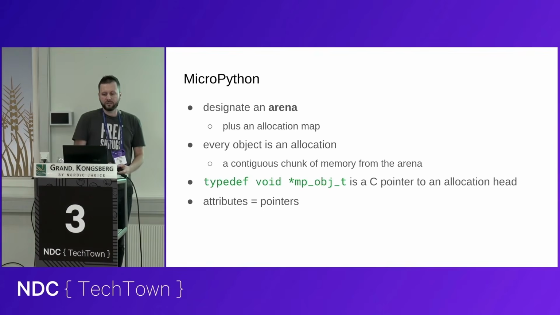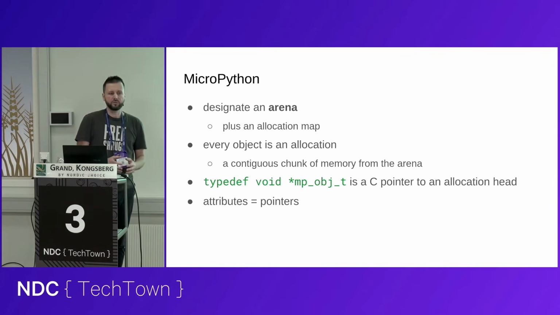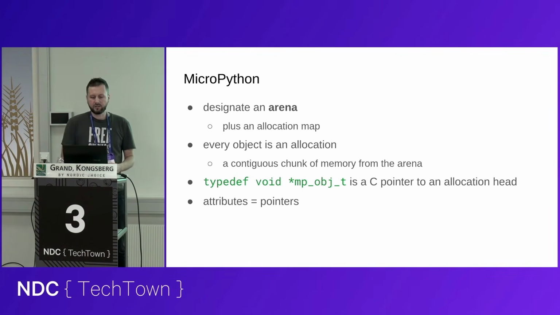We start by designating an area of memory for the object arena, or GC arena, from which every object will be allocated. We reserve a small chunk of this memory to be an allocation map. There's metadata about what is allocated and what isn't. And then every time we need to create a new object, we allocate a chunk of this memory from this arena and get back a pointer to a beginning of this allocation, or so-called head pointer.